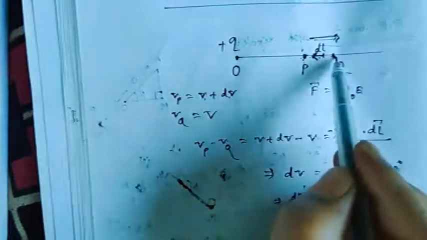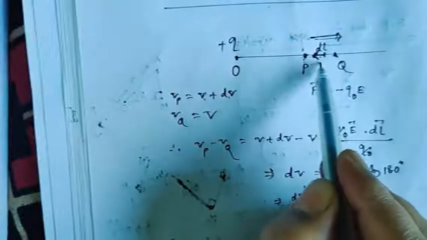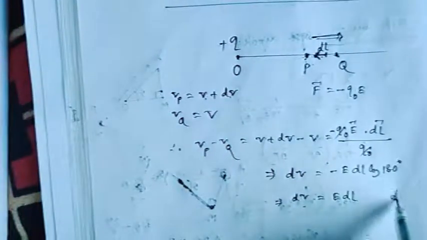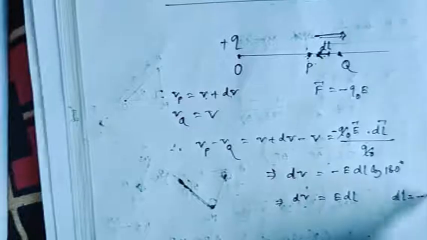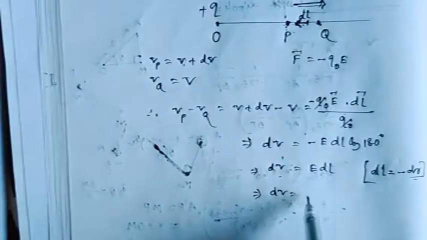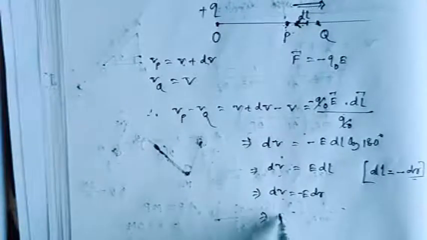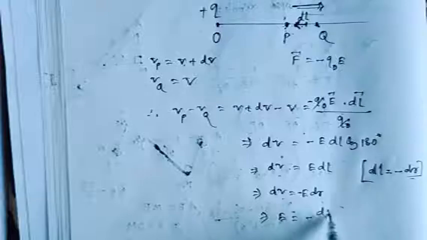Meaning if we consider r, then this one will be r minus dr. So dl is nothing but minus dr. Therefore dV equals E of minus dr. Therefore E equals minus dV by dr. Okay, so the electric field is the negative gradient of potential.